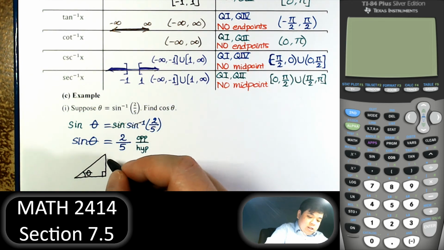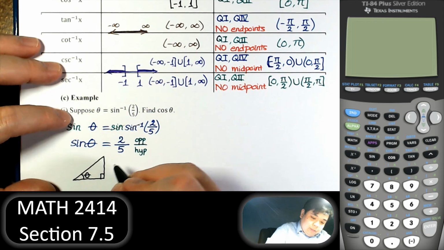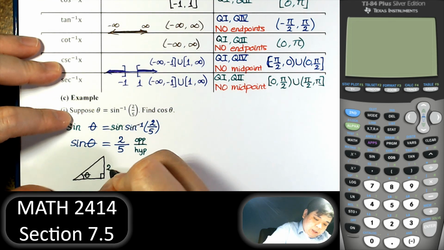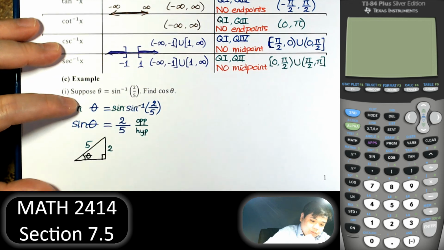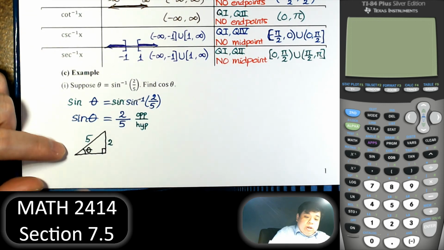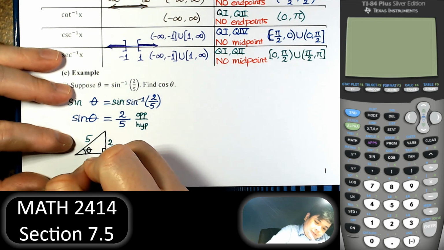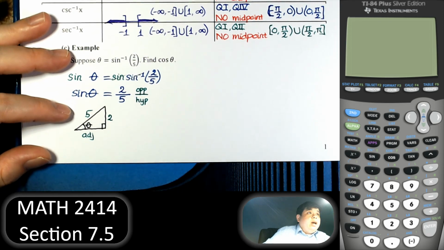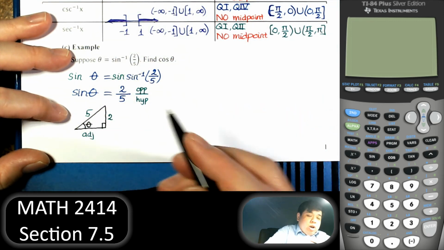So opposite over hypotenuse. And then suddenly we can find the adjacent here. So we know Pythagorean theorem, adjacent squared plus 2 squared is equal to 5 squared.